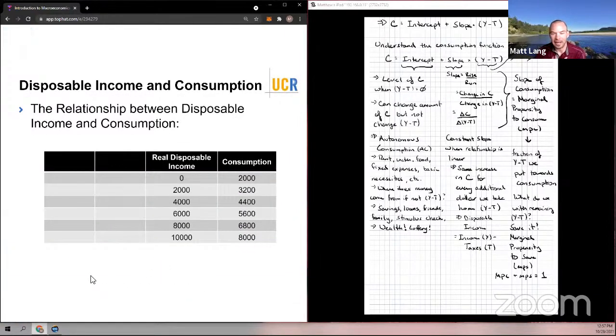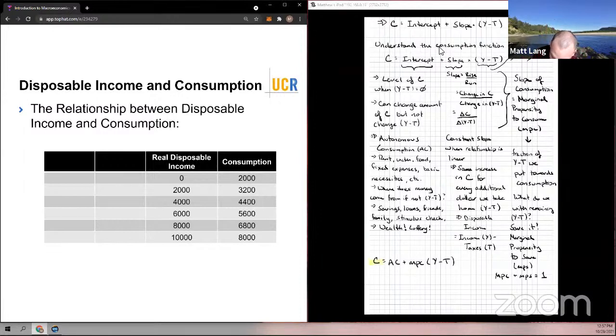But ultimately, I have to give you some more information. I can't just say, here's this vague consumption function where we have C equal to autonomous consumption plus MPC times (y minus t). I've got to give you more information than that.